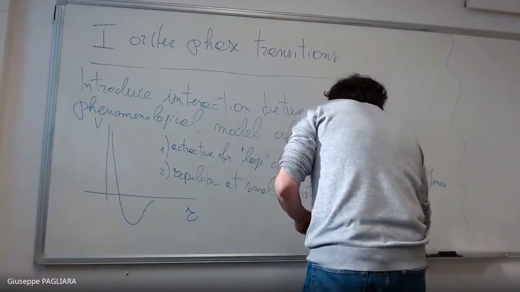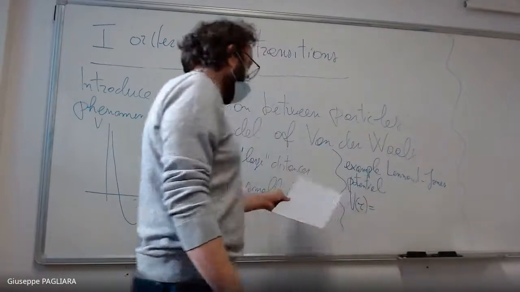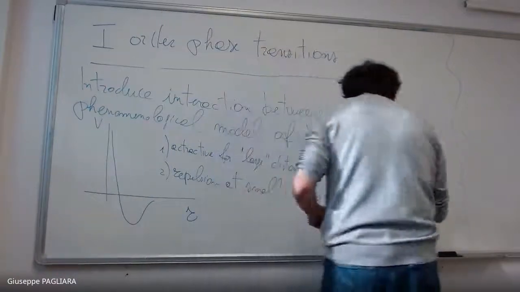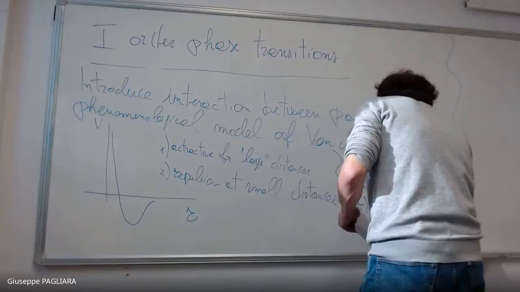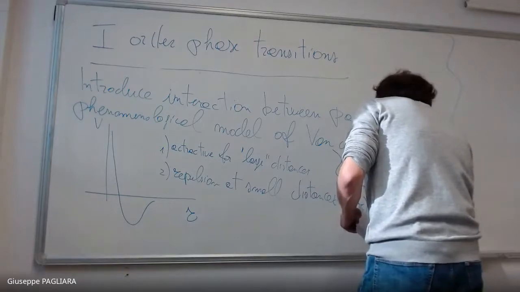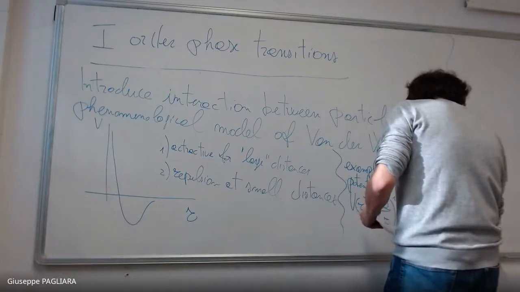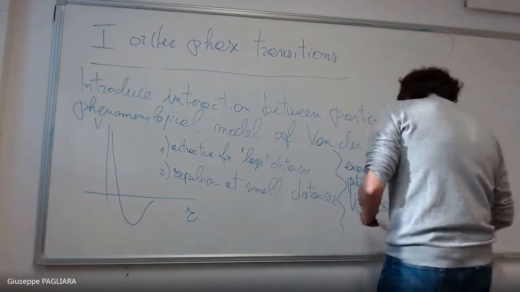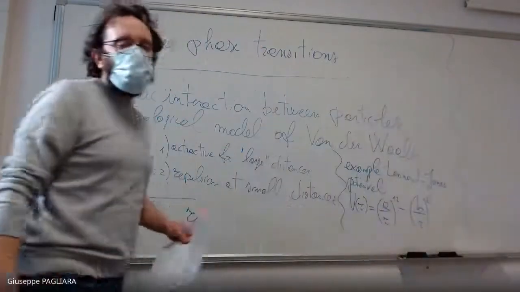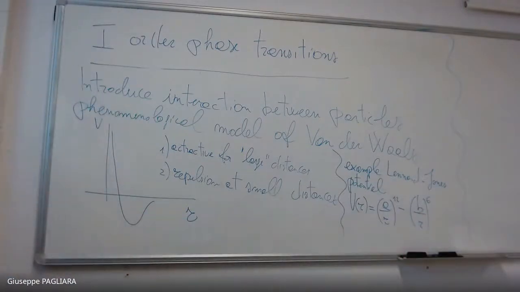V of R, the potential as a function of the distance between the particles, is a certain parameter A divided by R to the power of 12, which is the repulsive term, minus B divided by R to the power of 6, where A and B are two parameters characterizing the interaction. Okay?